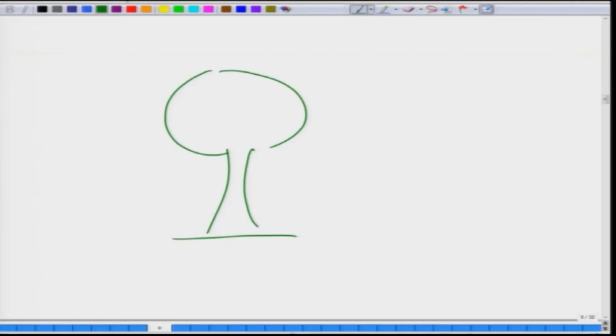When we talk about the radiometric resolution, what we are saying is whether your image is coming only as black and white, or is it also coming as shades of gray. If you have a black and white image only, you will have a picture that looks like this. You have the canopy that is looking black in color, you have the trunk that is also looking black in color, and everything else is white in the image.